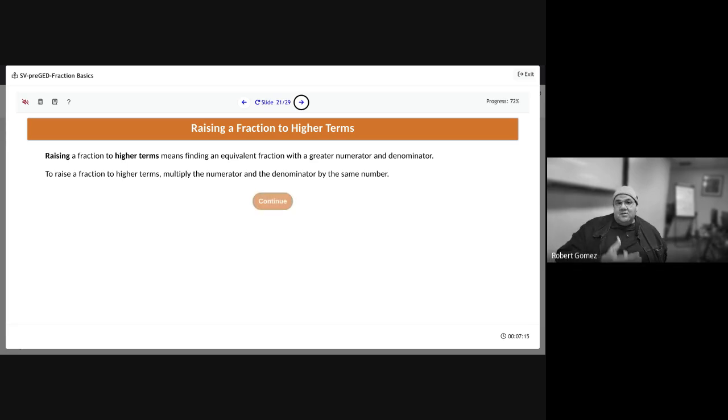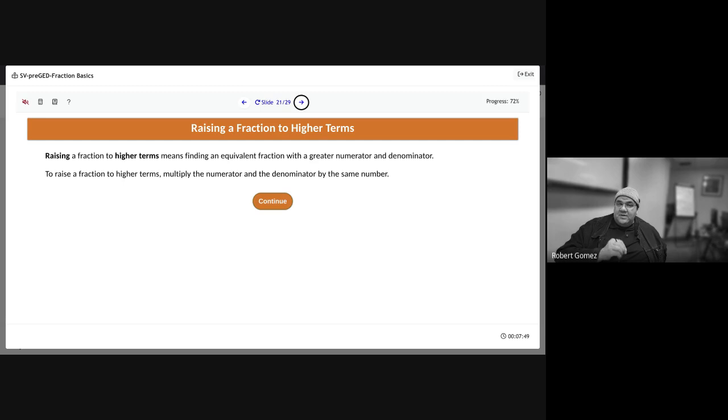This skill is going to become really important when we have different denominators and have to add or subtract fractions with different denominators, because this is the skill we're going to use to make the denominators the same. So as you go into this lesson, if you haven't gone in here yet, do take close attention to that.